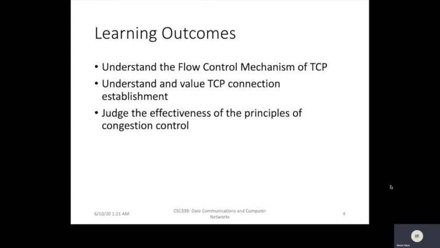So it's very important to see how TCP establishes a connection with the other machine. And you'll be able to judge the effectiveness of the principles of congestion control by comparing end-to-end and network-assisted congestion control.